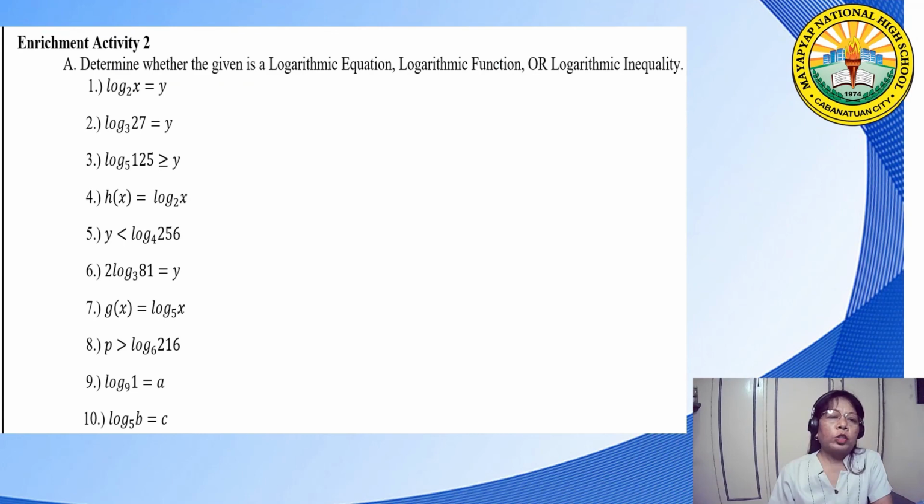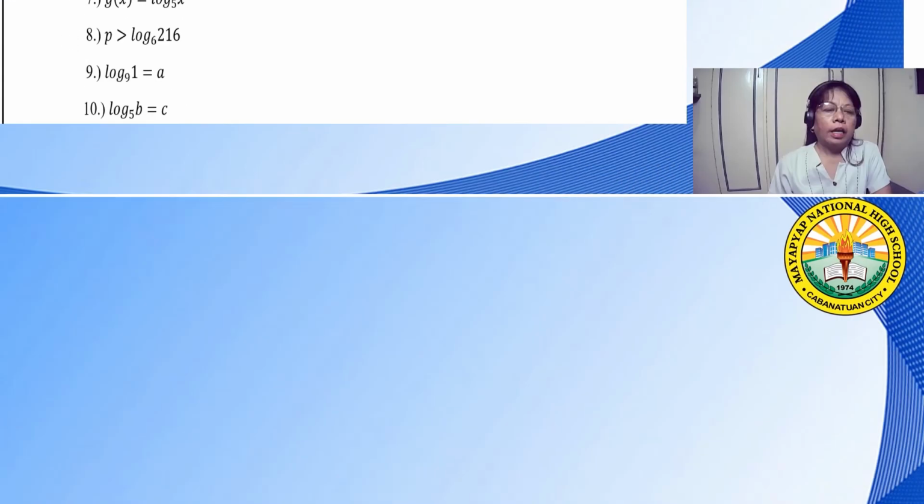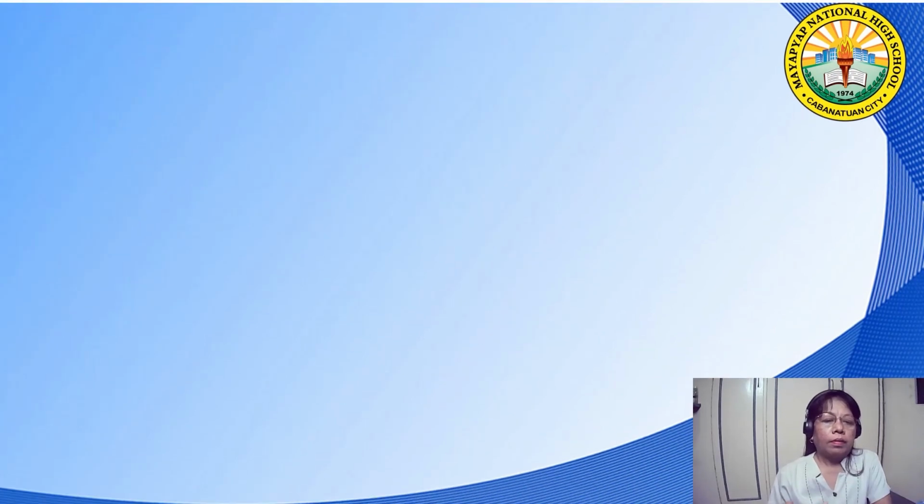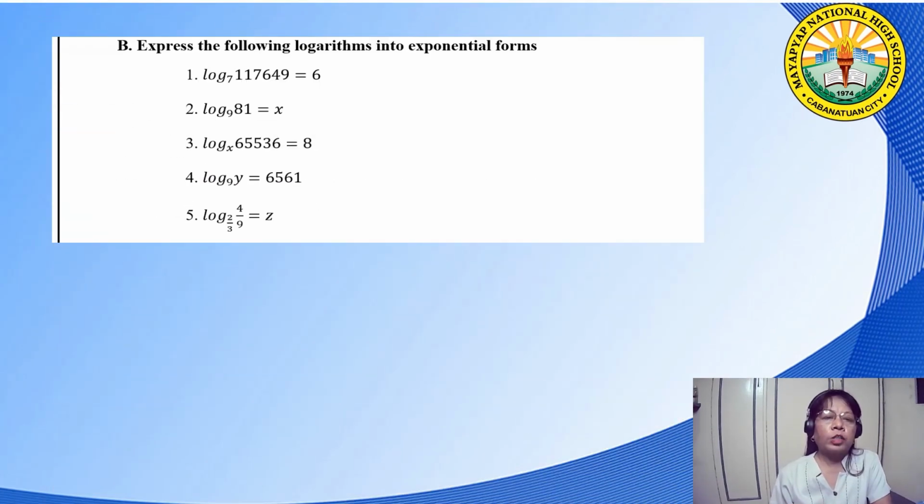For enrichment activity 2, letter A, determine whether the given is a logarithmic equation, logarithmic function, or logarithmic inequality. Then letter B, express the following logarithms into exponential forms. Write your answer on your answer sheet.